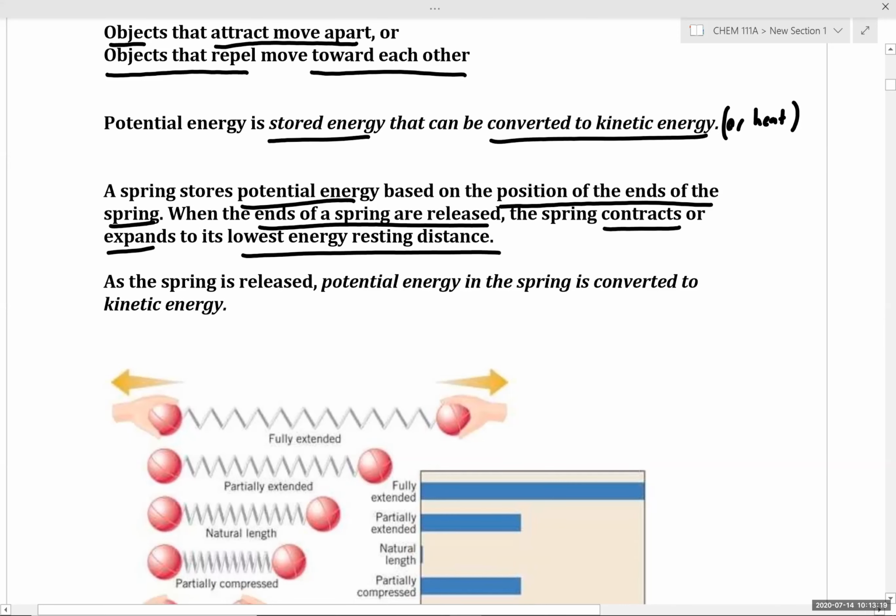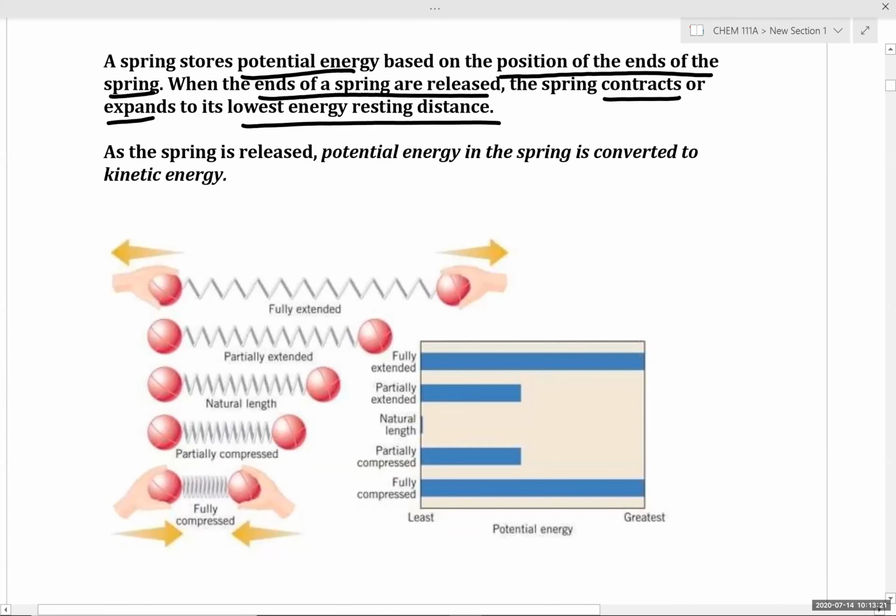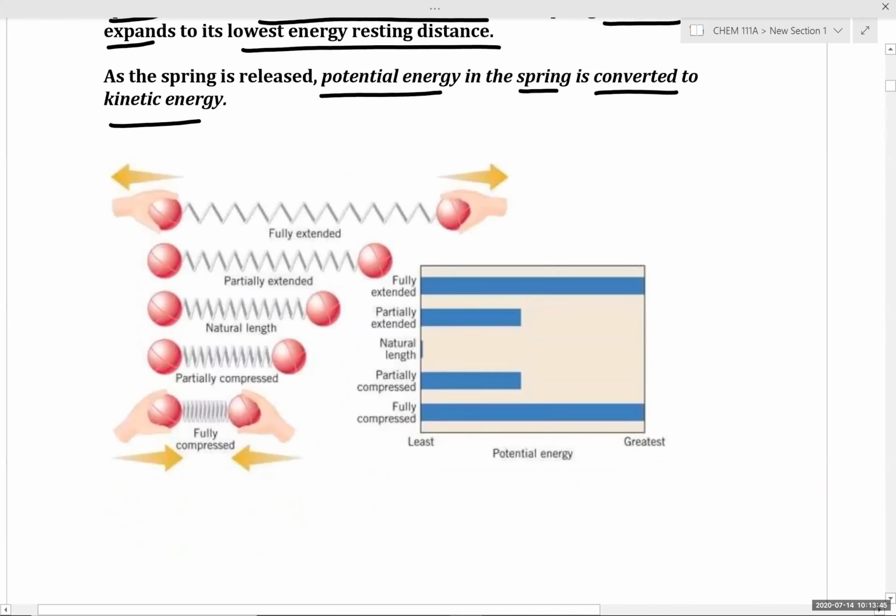If we think about what's happening when we allow our spring to be released, the potential energy in the spring is being converted into kinetic energy. For example, if we pulled our spring really far apart, we have a high amount of potential energy. Actually, let's draw this as a separate picture.